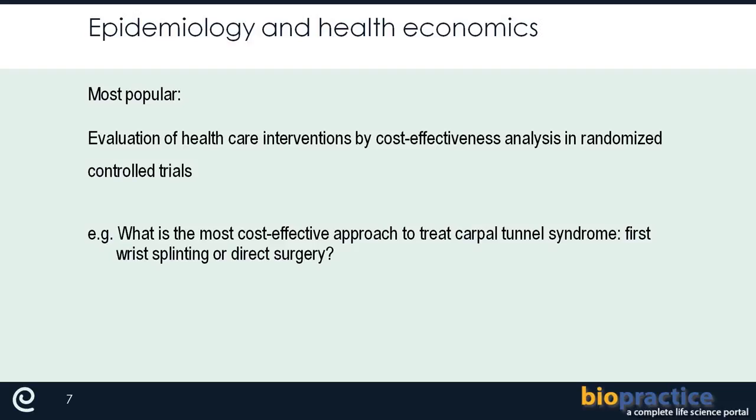So for example, referring to my own PhD study, we looked at what is the most effective approach to treat carpal tunnel syndrome, which is a nerve entrapment in the wrist. We looked at direct splinting, first splinting or direct surgery, but we didn't only look at the patient outcomes, we also wanted to look at what the costs related to it are, and so what is the most cost-effective approach.